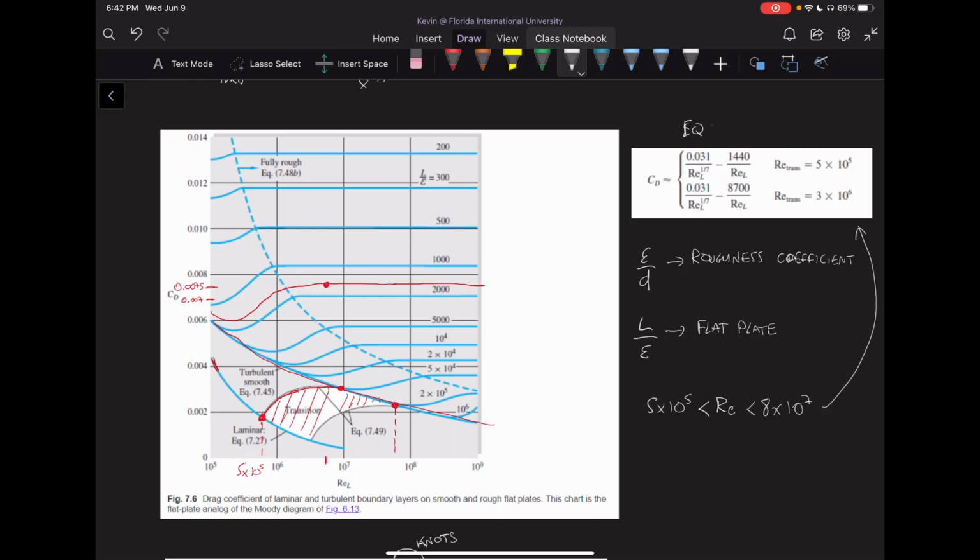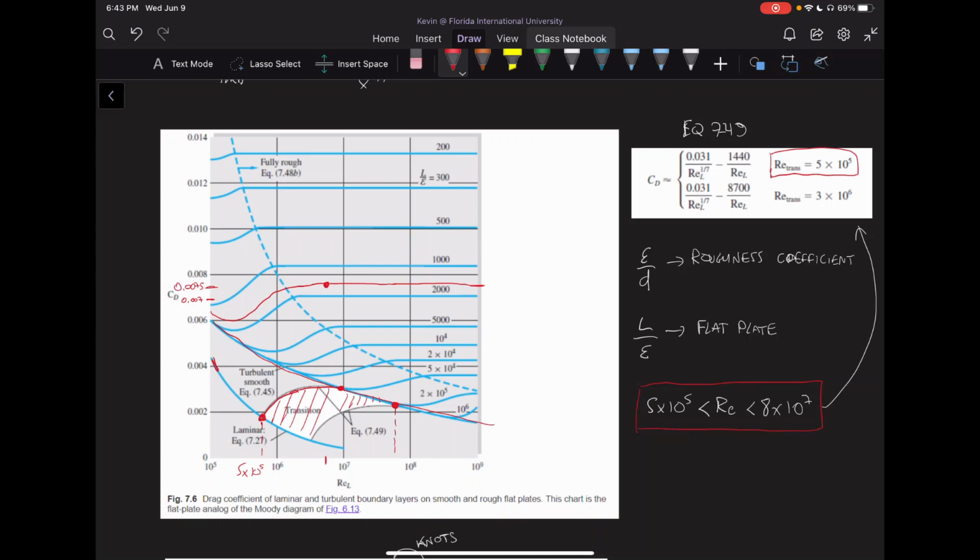We were given that Reynolds transition was 5 times 10 to the 5, and our Reynolds number was 6.9 times 10 to the 6, which was still close and within a range where we had to use this equation. The range is specified here. So this is the range where this equation should be used to take into account the fact that the flow at the start of the leading edge could still be in transition. Once you know that, you use this equation and you can find CD and then drag.